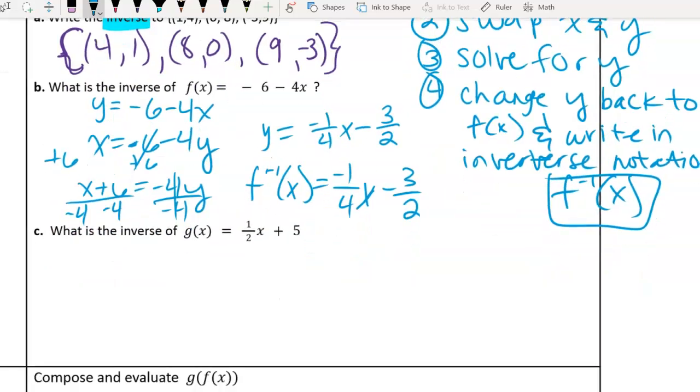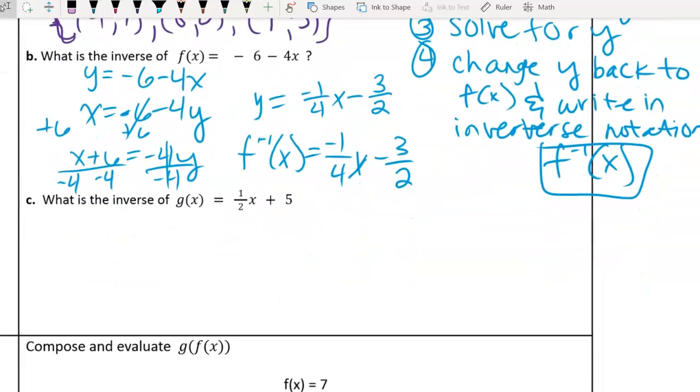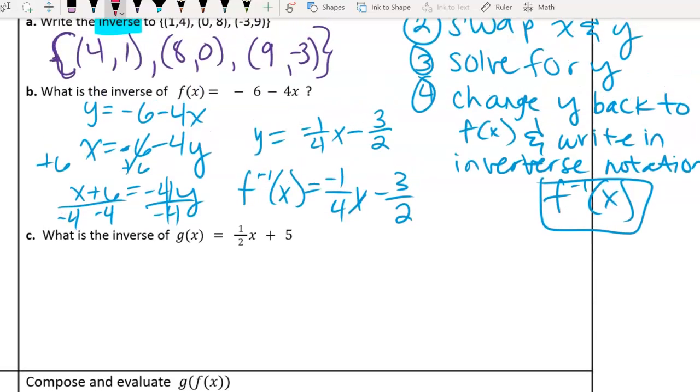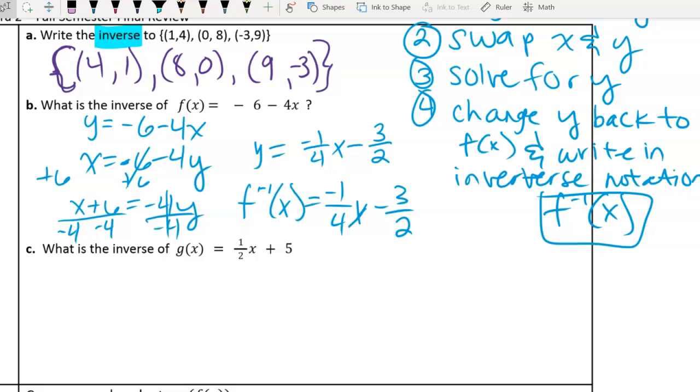All right, I want you to go ahead and try C on your own. Please don't skip a step. I understand that some people might think, oh, I don't need to do this, I know what's going on.